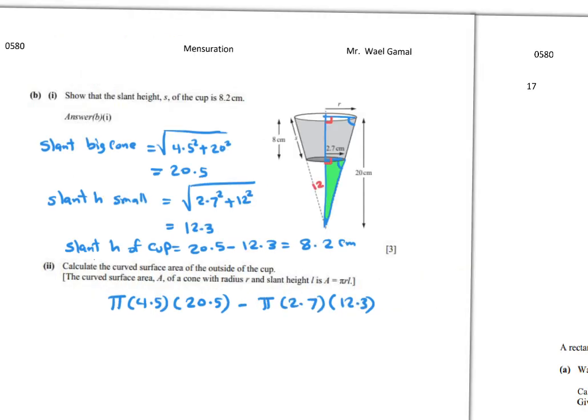The answer is 185.47, or we can write 185.5 centimeter square.